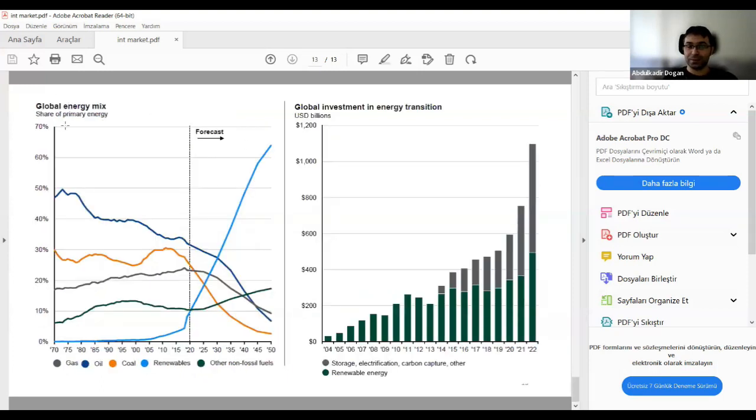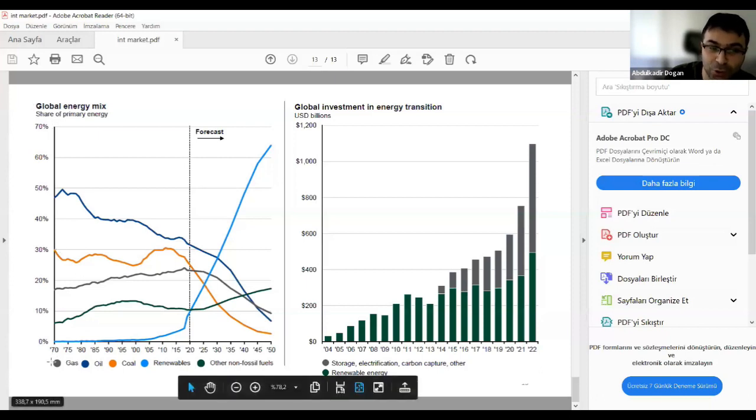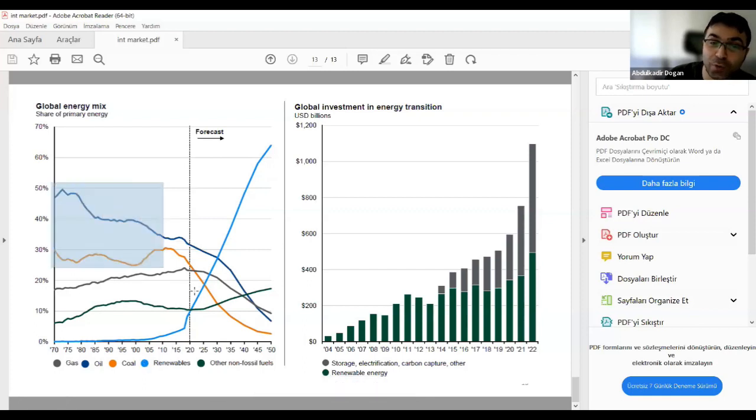And the last one, because I will give you time to ask your questions, global energy prices. As you see, the gray line is gas, the blue is oil, the orange is coal, and the light blue is renewable energy. What is this graph showing us?